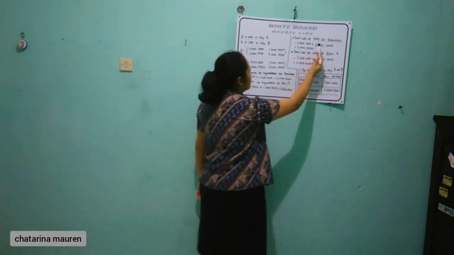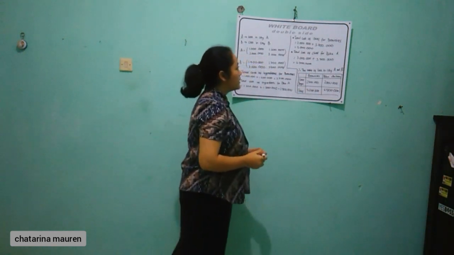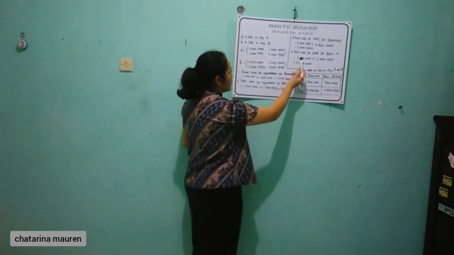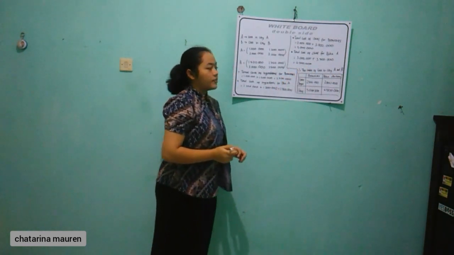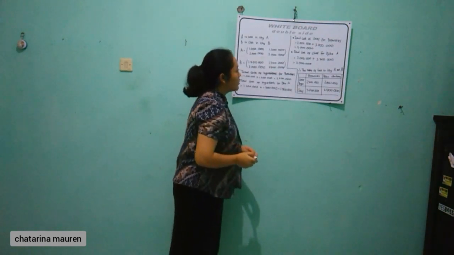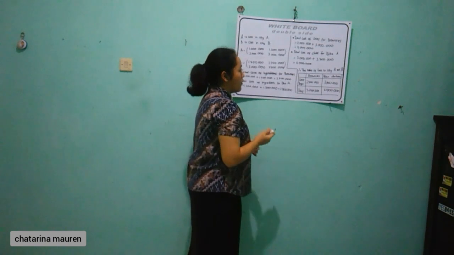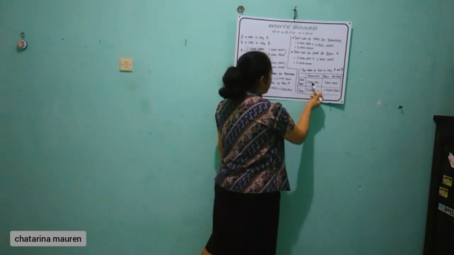The total cost of the sieve for brownies is 2 million plus 3 million equals 5 million, and for Bika Ambon it is 3 million plus 3.5 million equals 6.5 million. After that, the table of cost in city A and B is like this.